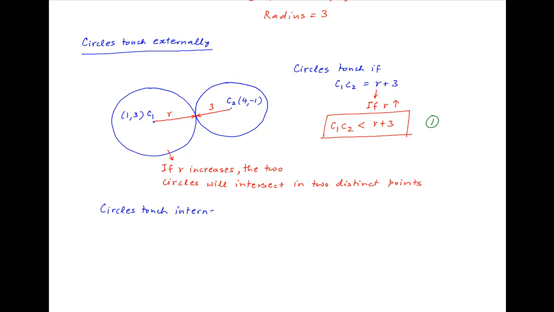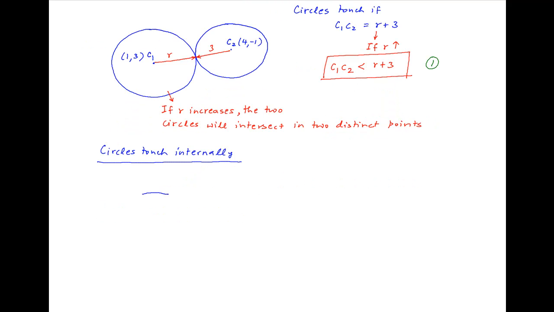Now consider a second situation where the two circles touch each other internally. So we have the first circle with center at the point C1 with coordinates (1, 3). And imagine that the second circle with center at C2 with coordinates (4, −1) is contained within the first circle and touches it internally.